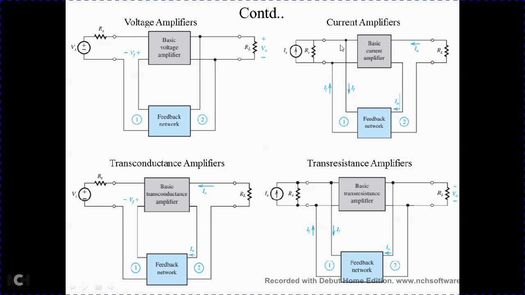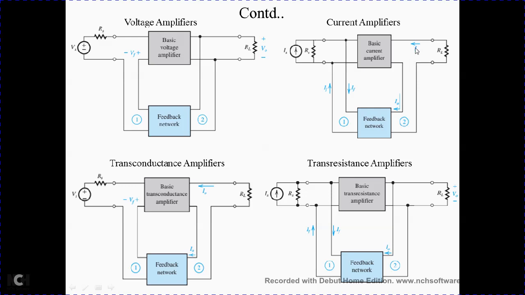Please remember, there should be a parallel connection; that is how you can mix a current with a current. So this is a shunt connection on the input and a series connection on the output. The shunt series feedback amplifier has a current source input, and the output is also a current.